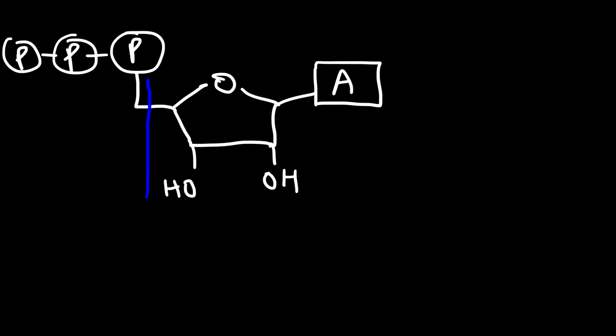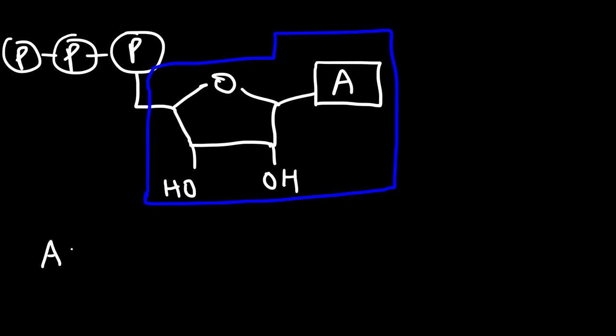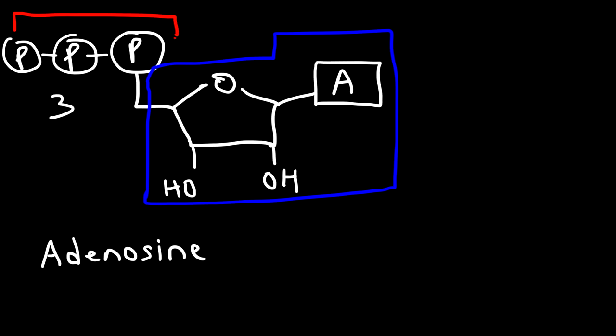If we combine the ribose sugar and the nitrogenous base, that is called adenosine. Now we have 3 phosphate groups, and so it's going to be called triphosphate, tri for 3, and it's located on carbon 5. So it's adenosine-5-triphosphate.